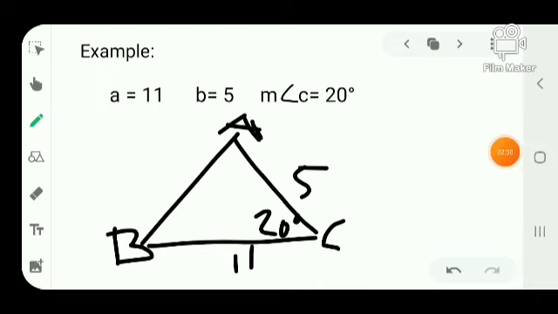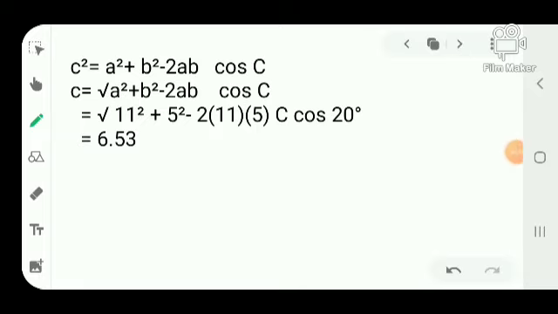To solve for the missing side, we have this formula, which is c squared equals a squared plus b squared minus 2ab cos c. To remove the square, we take the square root of both sides, so c equals the square root of a squared plus b squared minus 2ab cos c.